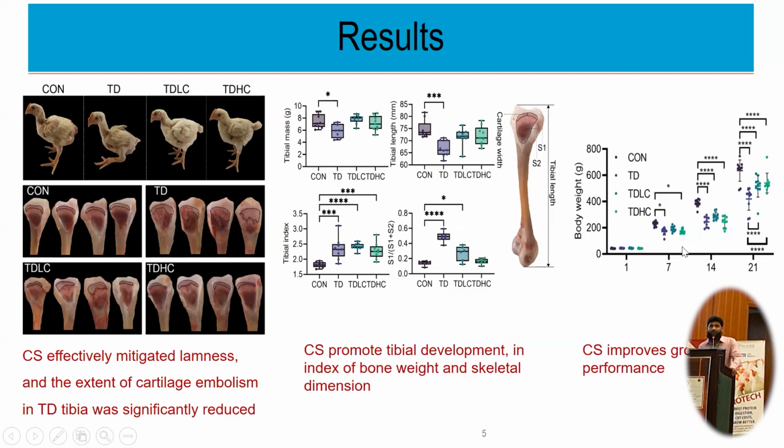If you see the body weight at 7, 14 and 21 days, there was a significant difference in body weight gain of TD chicken and the other groups. So we can say CS improved the growth performance in the chicken.